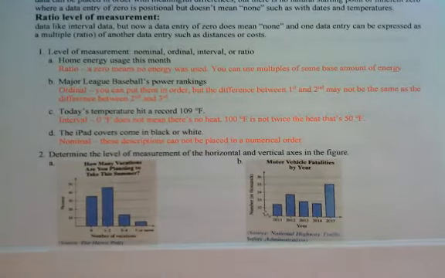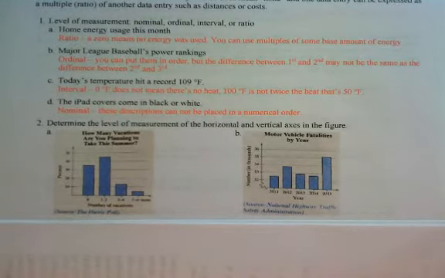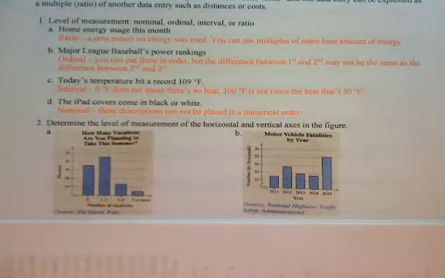All right, now, a little bit different way of looking at these same things. Here we have some graphs. And what I want to do is understand what the level of measurement is for the horizontal and vertical axes of the figures. So in the first one, how many vacations are you planning to take this summer? We have along the vertical axis, percent, 10, 20, 30, 40, 50%.